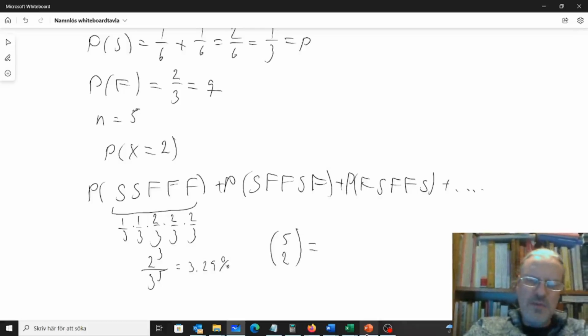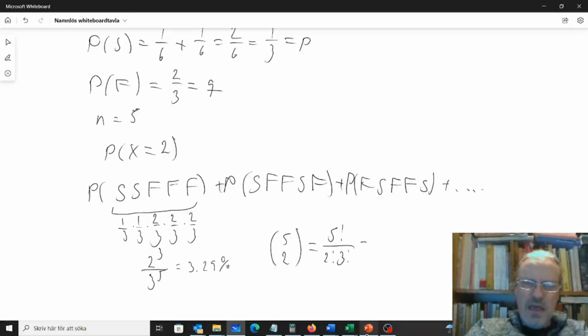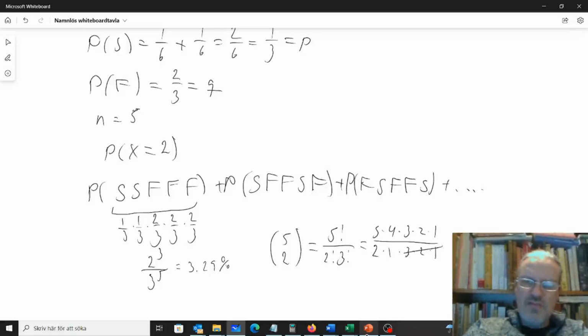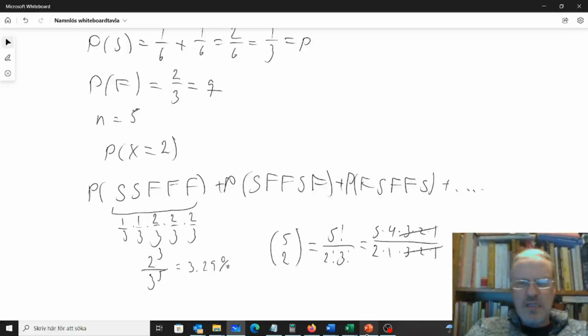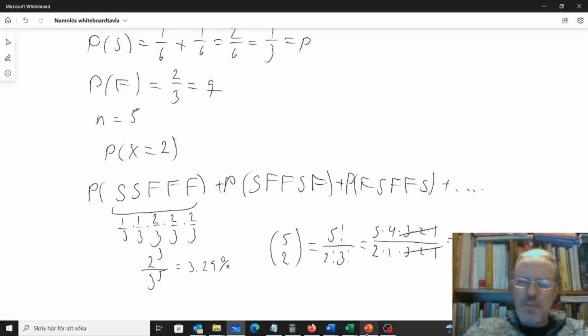And if you remember what this was, this will be 5 factorial divided by 2 factorial times 3 factorial. And if we expand this, the normal way to do that is to write this as 5 times 4 times 3 times 2 times 1 divided by 2 times 1 times 3 times 2 times 1. This part and that part will immediately cancel, so I wouldn't even bother to write the first part. Instead, what we do is say 5 over 2, which we often read as 5 choose 2.